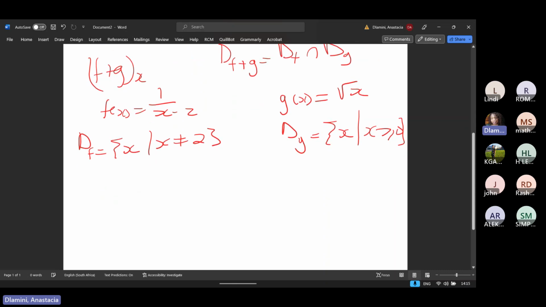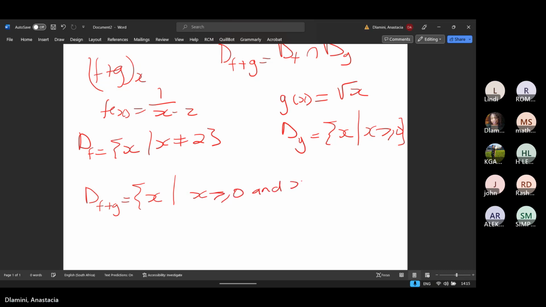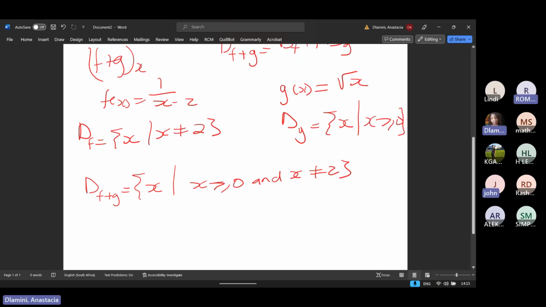Now, when taking the intersection of that, it means that the domain of f plus g is equal to x such that x is greater or equal to 0 and x is not equal to 2. Are we still okay there?